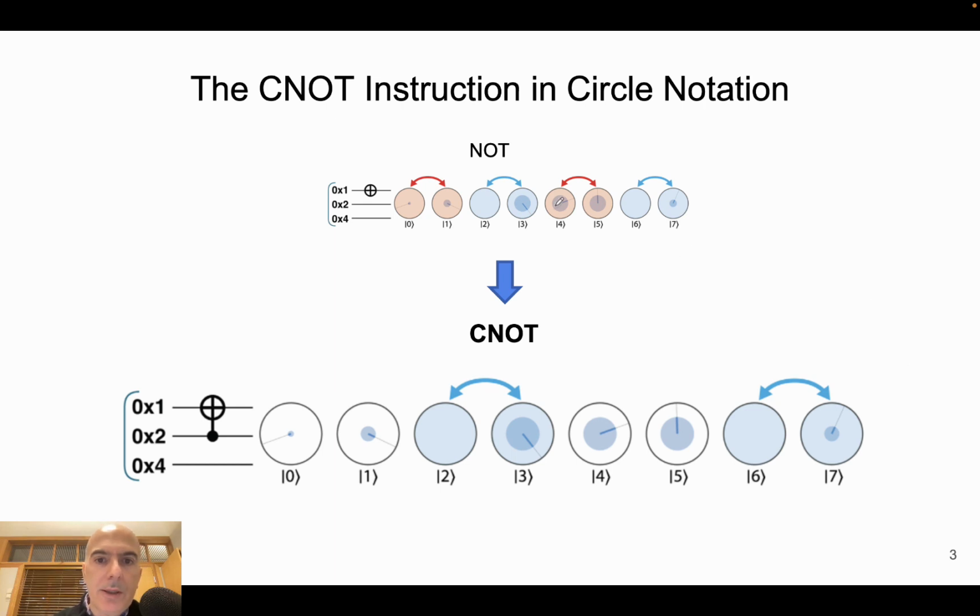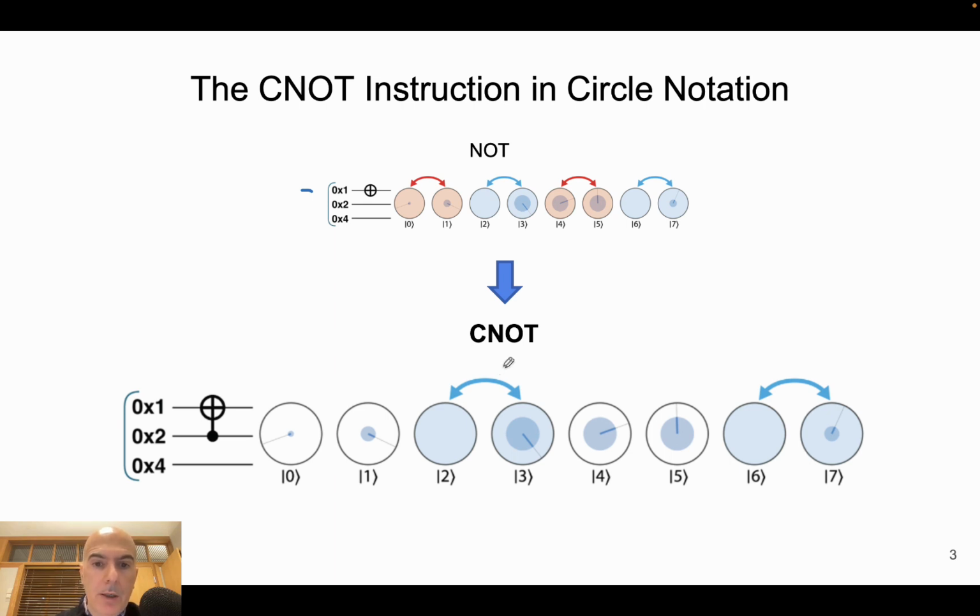We know that the NOT operation on the first qubit is basically swapping qubit pairs. In the case of the first qubit, the pairs are the 2 by 2 neighbors, so we just swap. If we look at how CNOT operates in circle notation, it is basically a NOT, but limited to certain pairs.